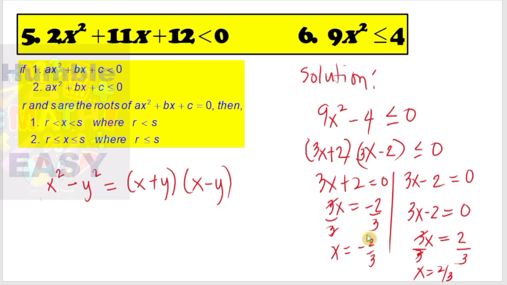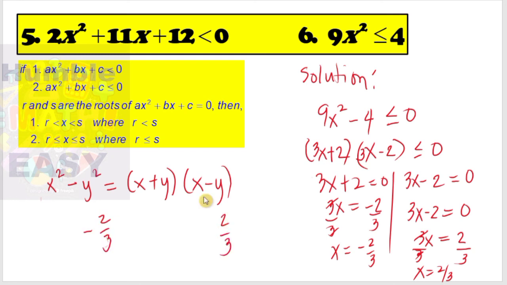Since it is less than or equal to, we have to select which of the two given values is lesser than the other. Since negative 2/3 is lesser than 2/3, we arrange negative 2/3 then 2/3.